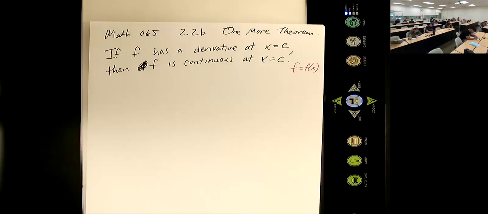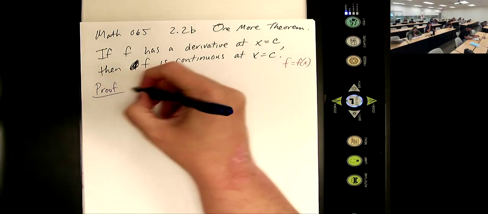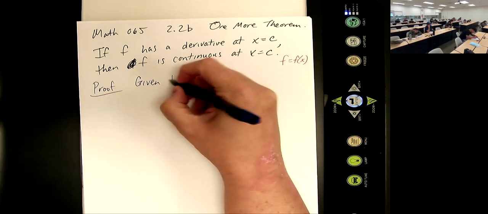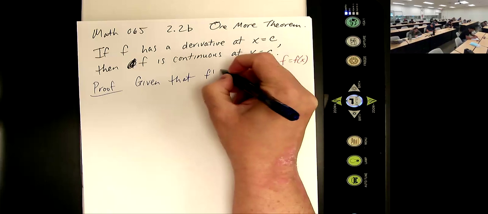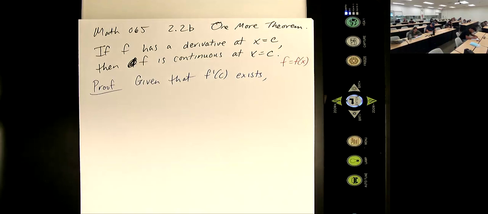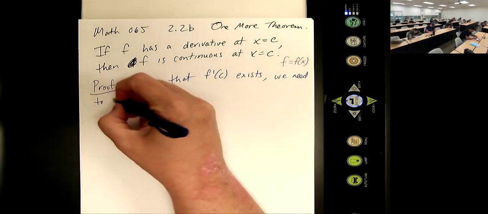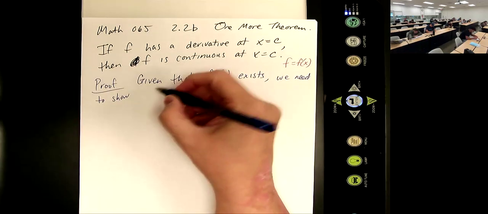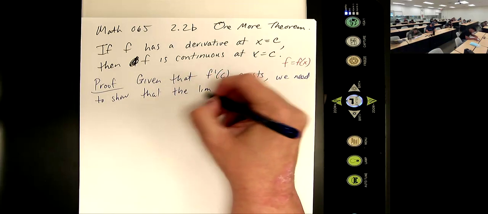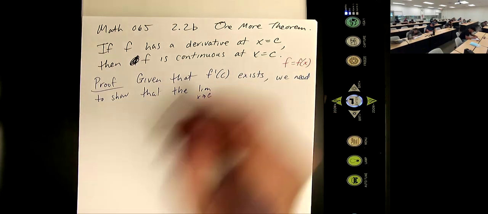So we'll do a little proof of it. Given that the derivative exists at c, i.e. f prime of c exists, we need to show that the limit as x approaches c of f of x equals f of c.